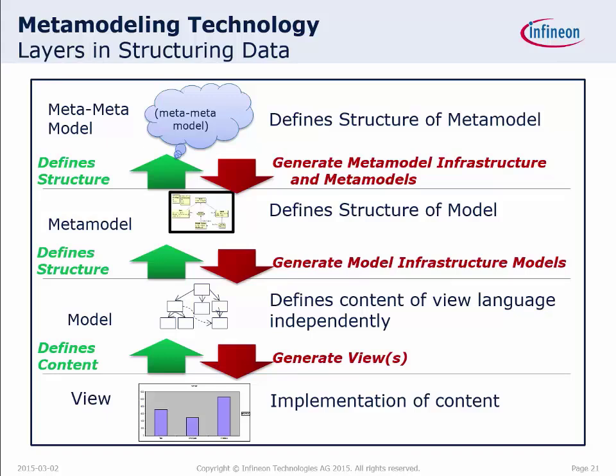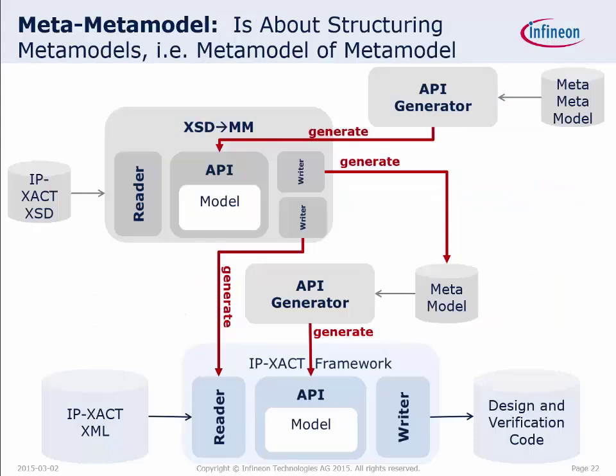This is the layering. And here we have an example. So for example, IP-XACT. IP-XACT is an XSD. An XSD is a meta model. So it describes how the IP-XACT model is structured. So what do we have here?